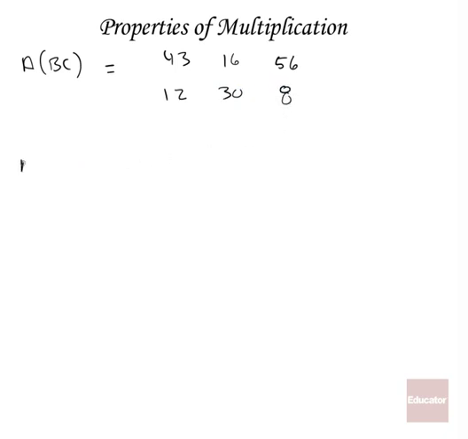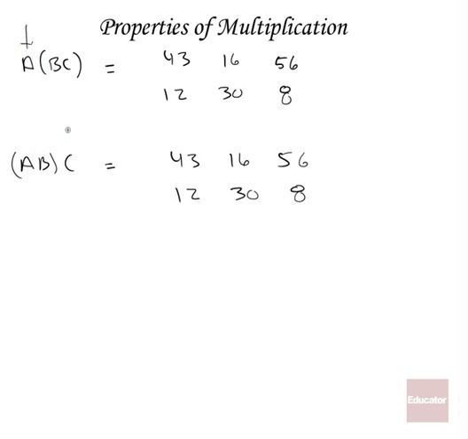Now, when we do AB first, and then multiply by C on the right-hand side, we get 43, 16, 56, 12, 30, and 8. Since we're dealing mostly with arithmetic and adding numbers, I suggest that you go ahead and run through this to confirm that this is true. It is true. One thing that you should note here, notice we did BC here and A on the left-hand side.